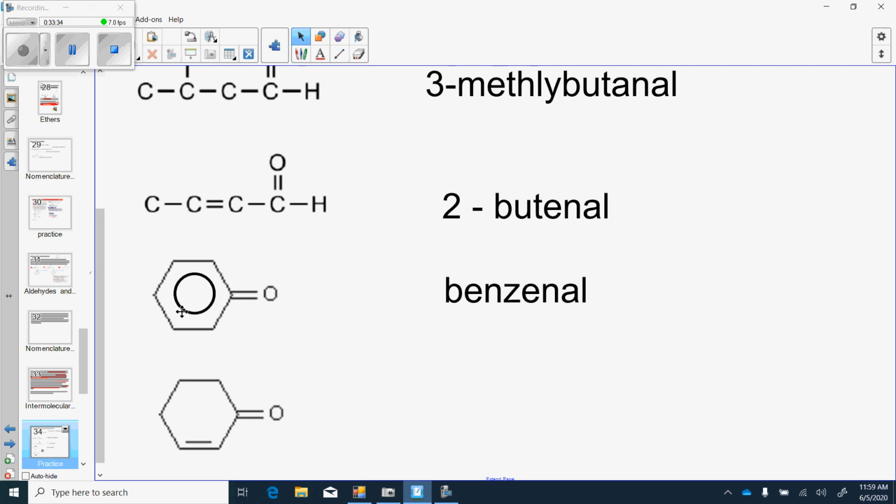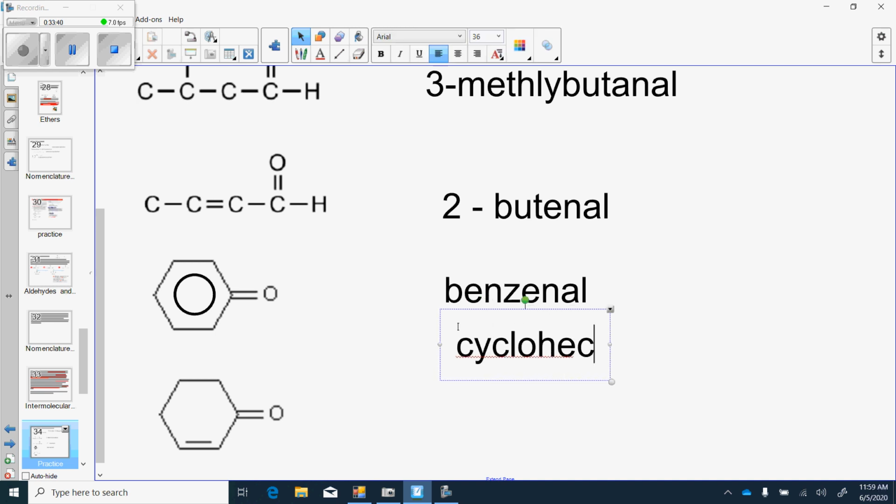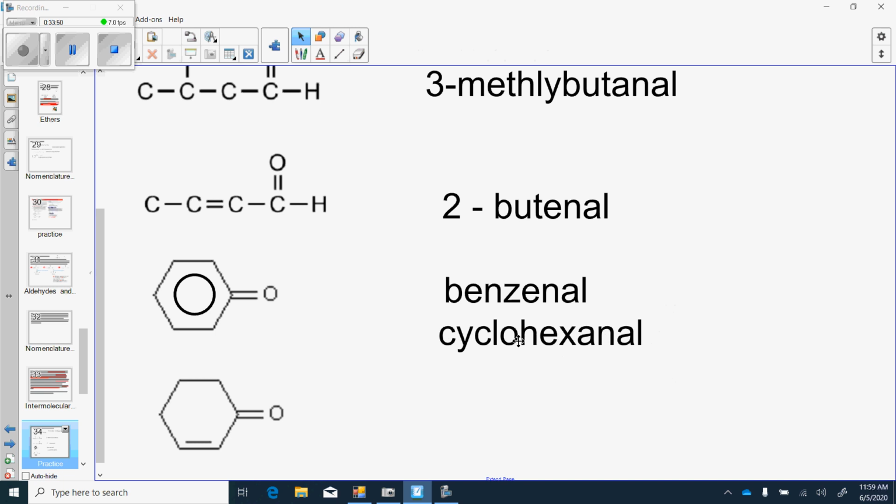I just automatically went to benzene, but if it had been cyclohexane, I just would have dropped that and put Al. So the ring, if it's a benzene ring or if it's a cyclohexane ring, that is the main part of the name, and then this is our functional group.